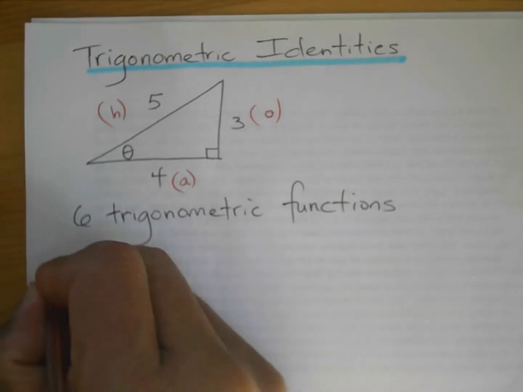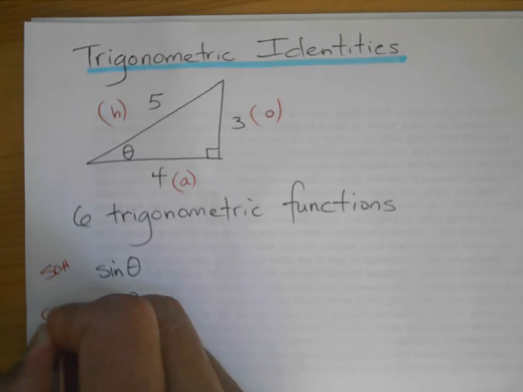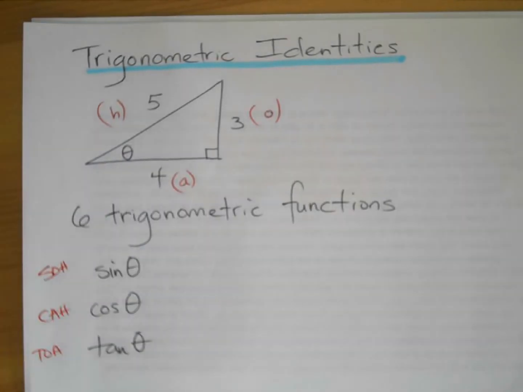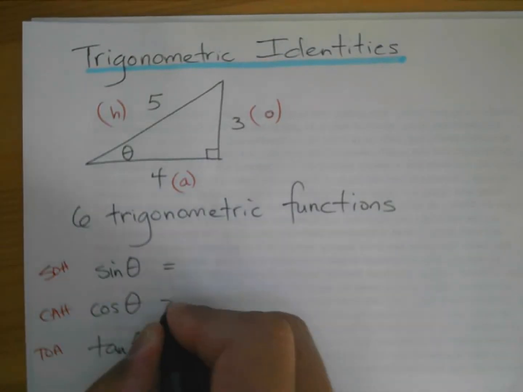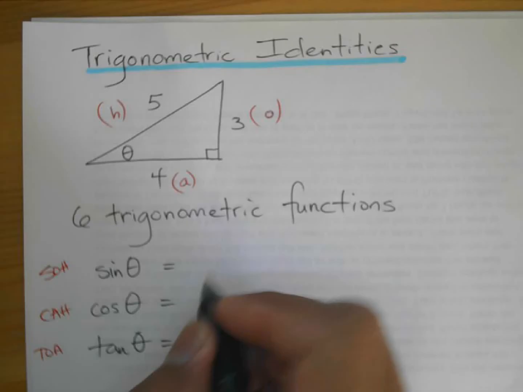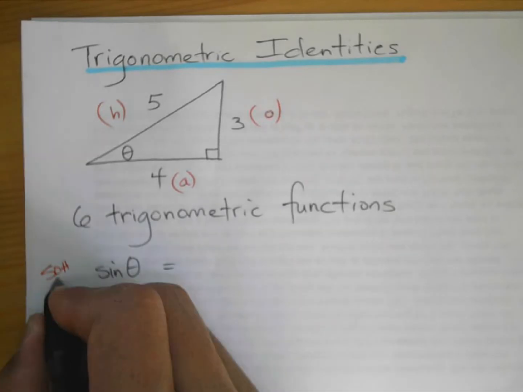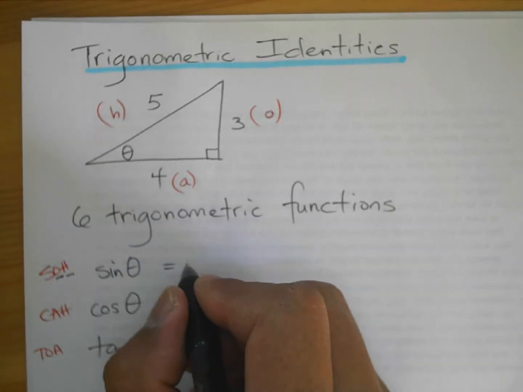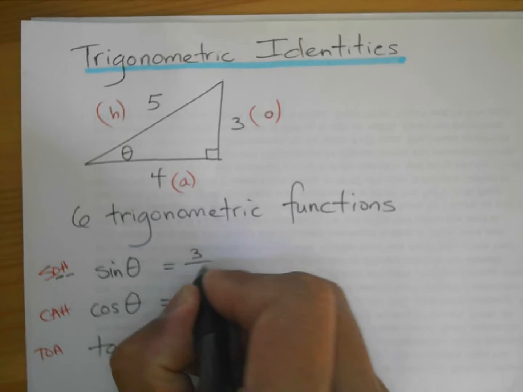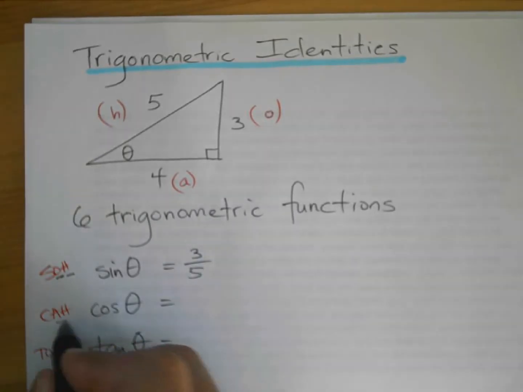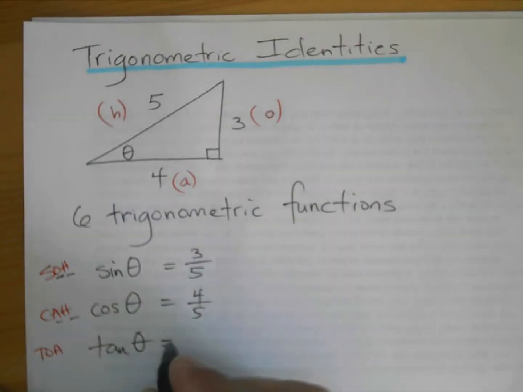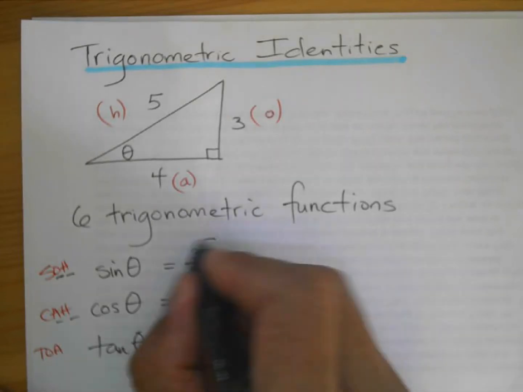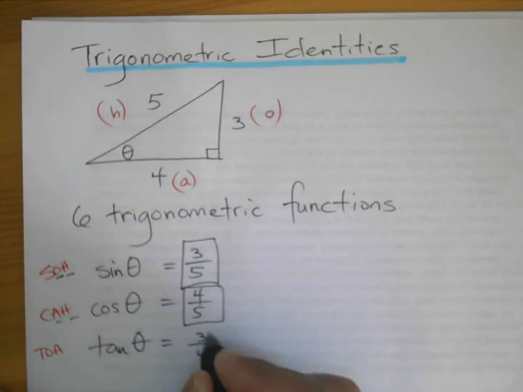Because you've used SOH-CAH-TOA. So you know how to set up these ratios. So sine is O over H, so that's 3 over 5. And A over H for cosine is 4 over 5 and tangent is 3 over 4. O over A, right? So you know this already.